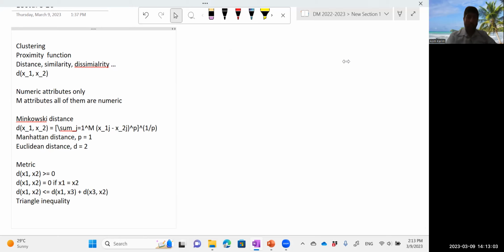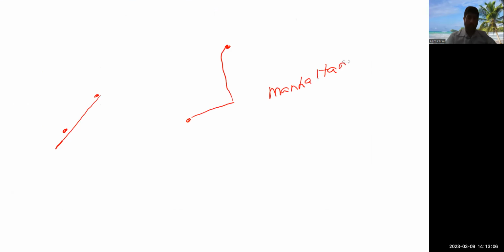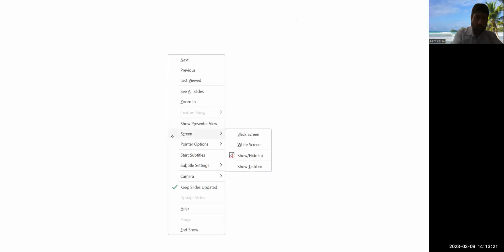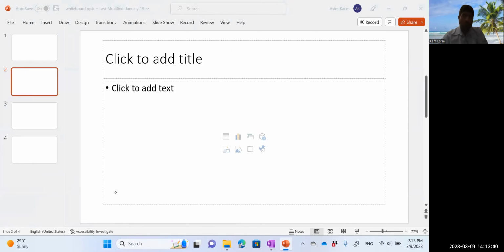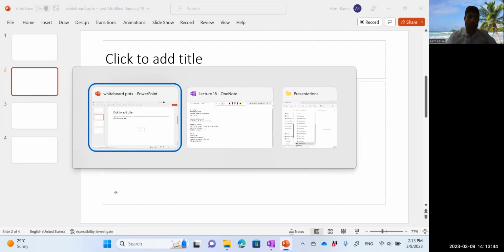So by the way, the triangle inequality is easily verifiable. Let's say you have x1 here and you have x2 there.